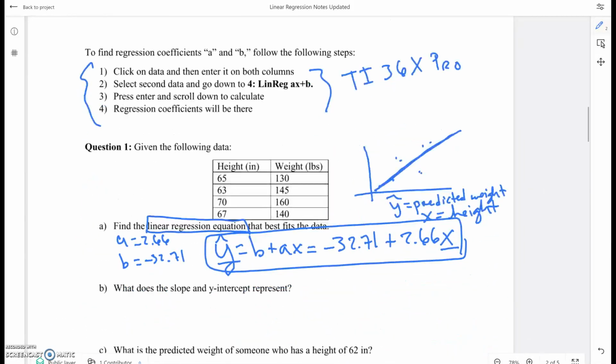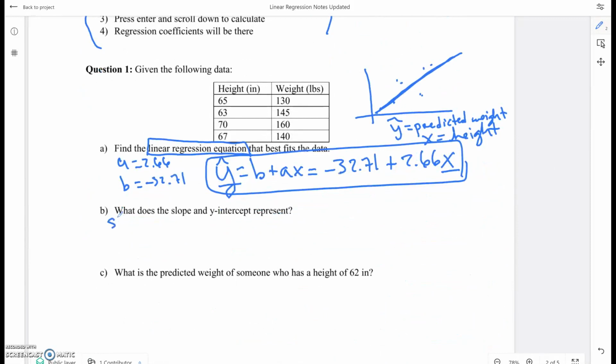Now if I look at A, my slope: for every 1 unit in height, or every inch in height, does my predicted weight increase or decrease?